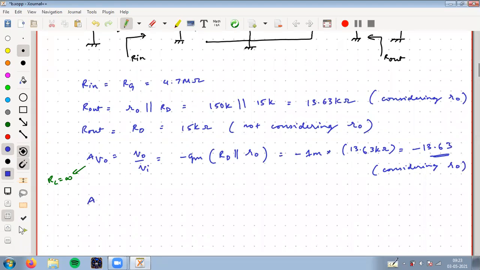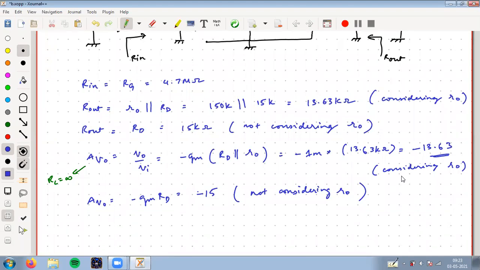If I don't consider R0, then AV0 is equal to minus GM into RD, so that is straight away minus 15, 1 milli into 15 kilo. This is not considering R0. In the question you might be asked to find the value of AV0 and Rout with and without considering R0. So this is how you do it.